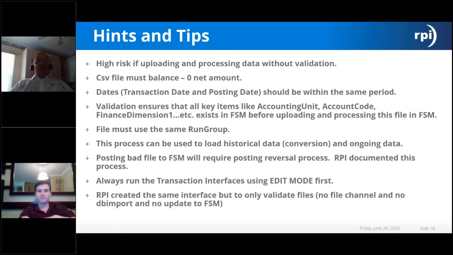And you have a place folder for that on the same as FTP. We have another location for that. You place your file there, and if it does validation, same thing, and it sends an email to the client to say, here's what's wrong with your file. So we use that to validate all the client's files without doing any update to FSM, and it was really useful. So we had that process as well.